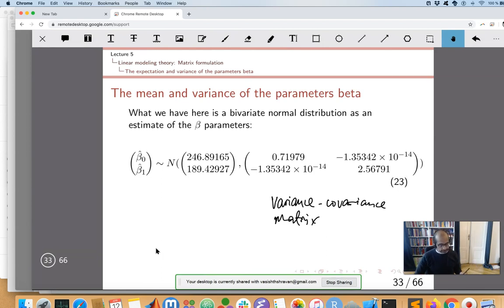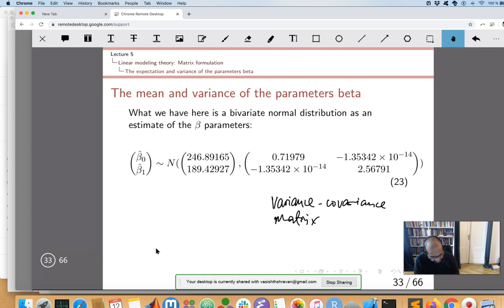You can often have a situation where you have height and weight, for example. Whenever somebody has a higher weight, they're also likely to have a higher height. Let's assume that's true. So there would be a positive correlation between those two things. When you have two variables like height and weight, you can possibly have some correlation between them, and the variance covariance matrix gives you a way to talk about that correlation.